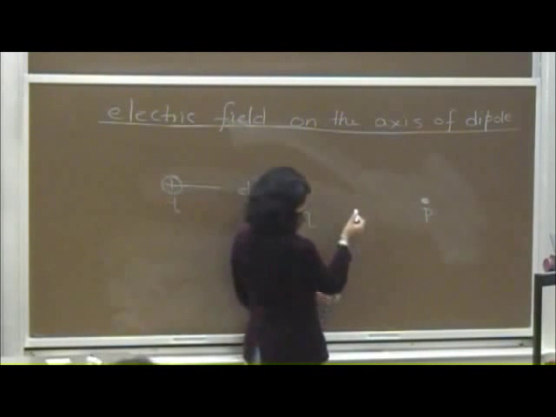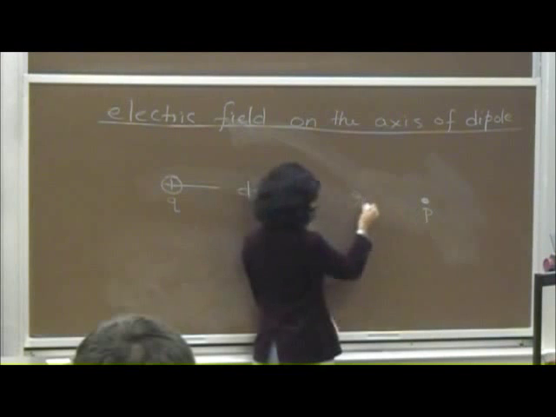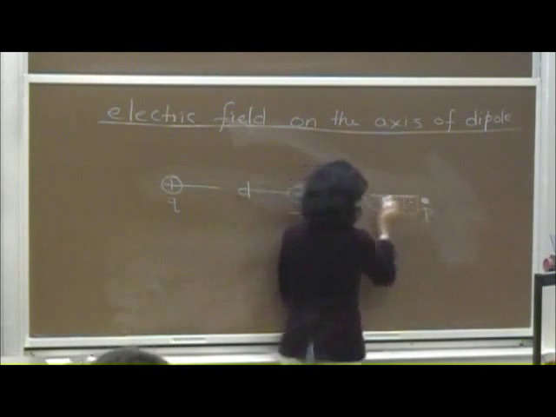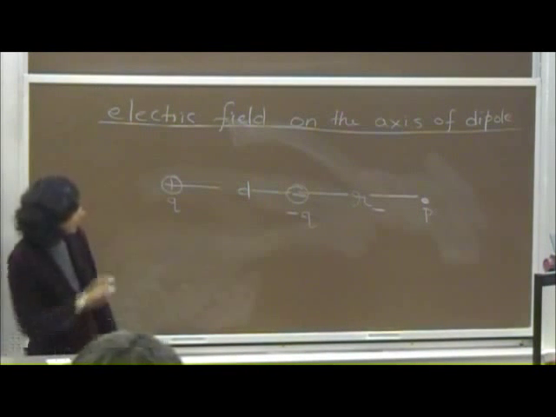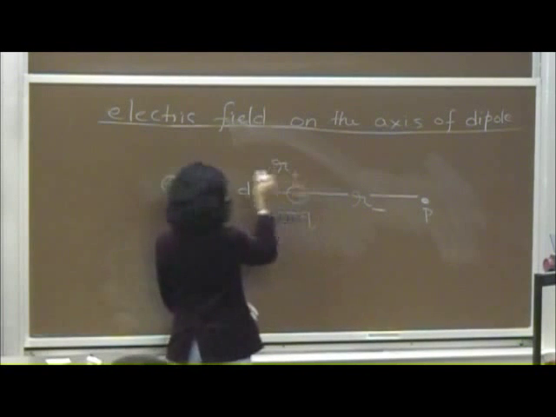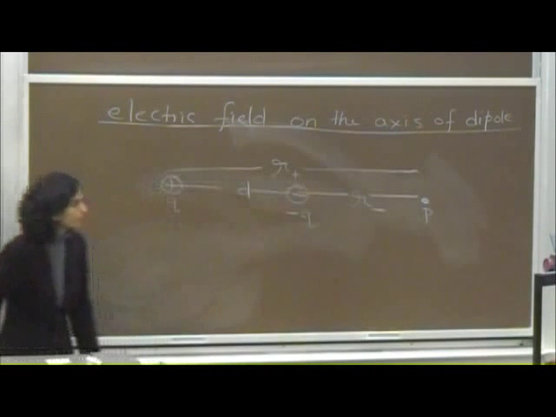This point P is at a distance, let's say this distance from the negative charge, we give it a name R minus. Alright? And let's say that the distance from the positive charge is R plus, which is this distance.